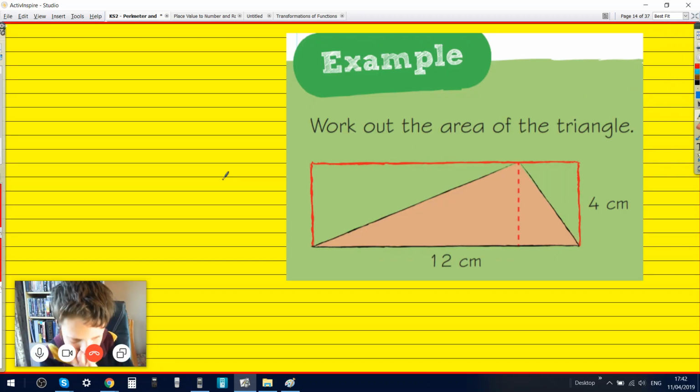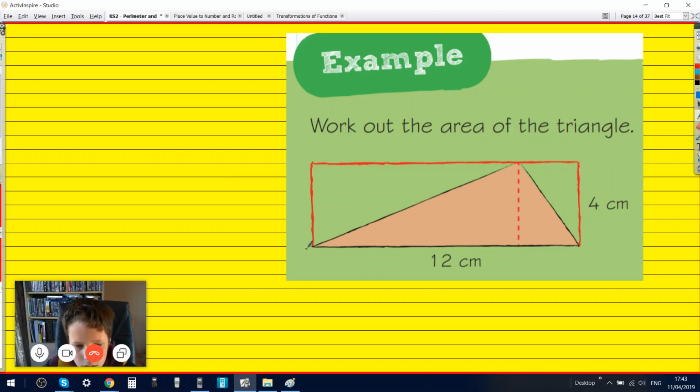How do you find the area of a triangle? I've just noticed there's a red line around the triangle. I'm not sure if that's there to help us or not though. It kind of is, yeah.